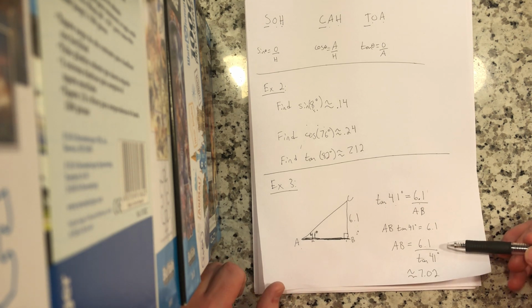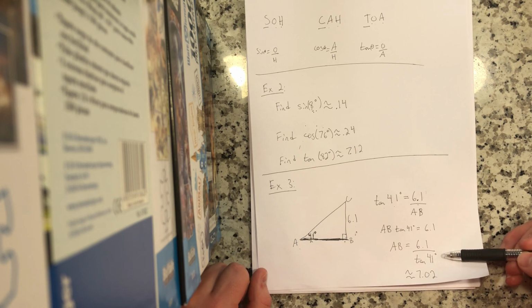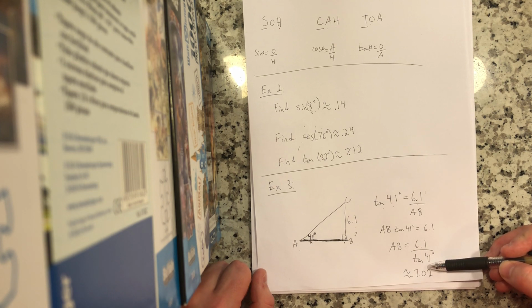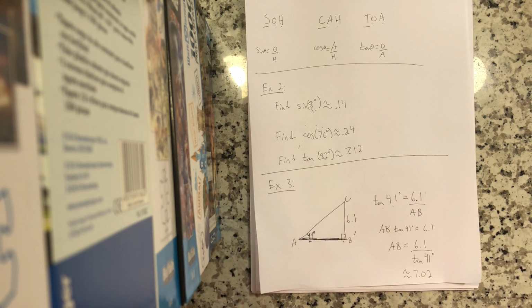Here, we're going to type 41, then the tangent button, then divide into 6.1, and you should get this 7.02. So try your calculator, make sure you can get to this. This is a fully solved example, so make sure you can get this out of your calculator. If you have issues, please let me know what calculator model you have, and I'll be able to help you figure out exactly what functions you need to type in.